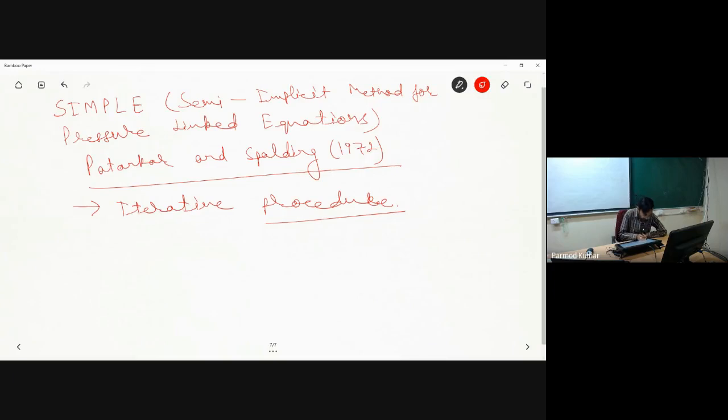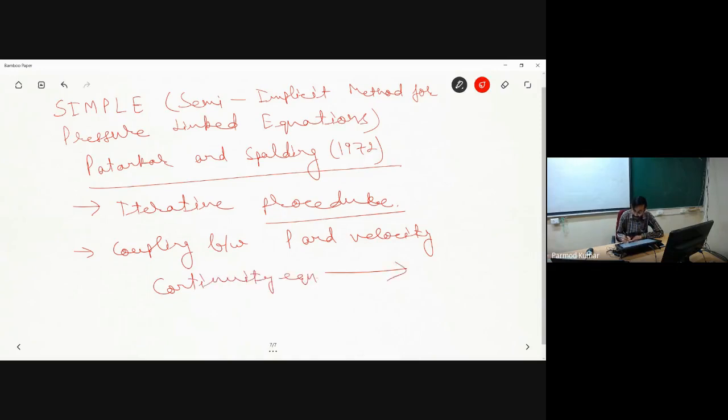So here you have some coupling between pressure and velocity, and if you substitute this relation into the continuity equation, it will transform into an equation that we call our pressure equation.